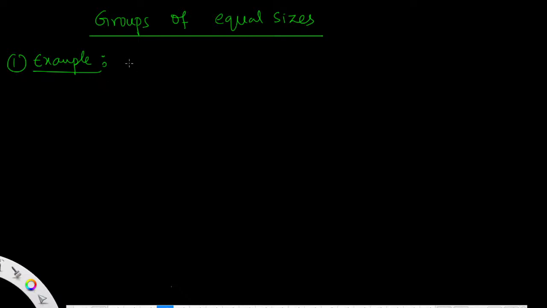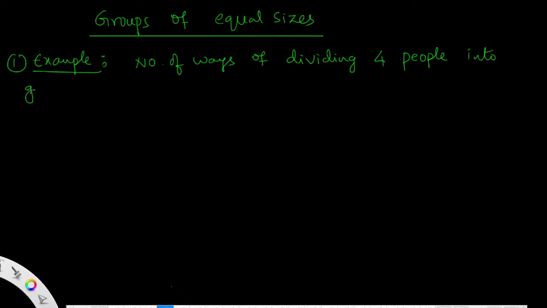The number of ways of dividing 4 people into groups of 2 and 2, equal groups. The question is: number of ways of dividing 4 people into groups of 2 and 2.